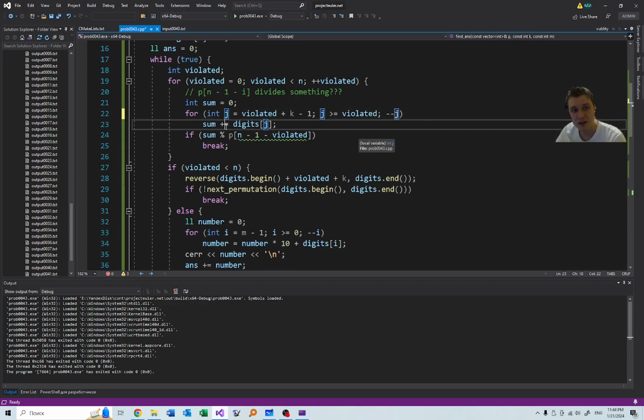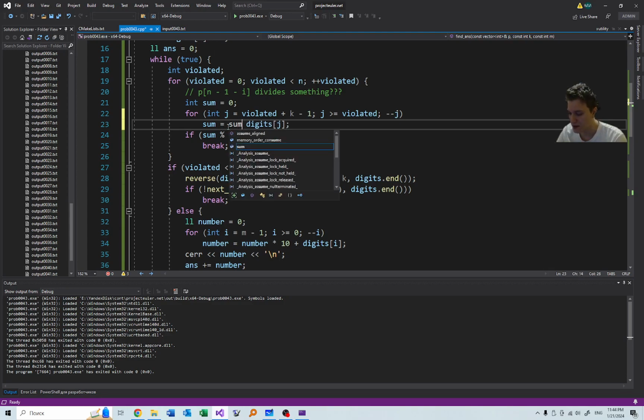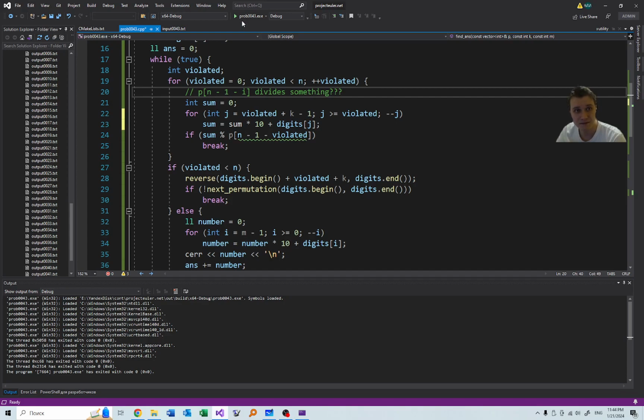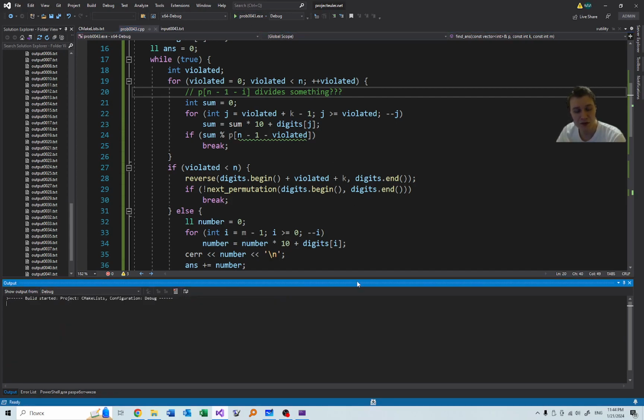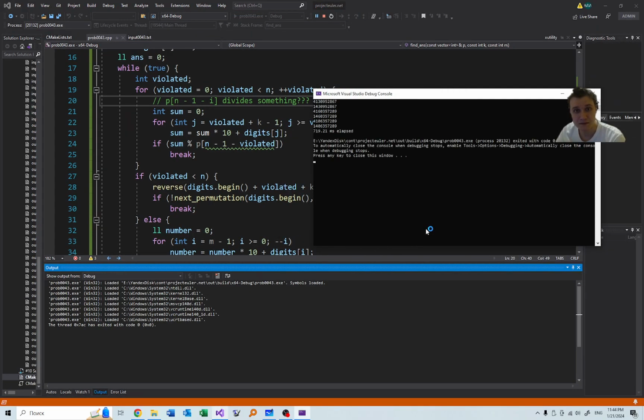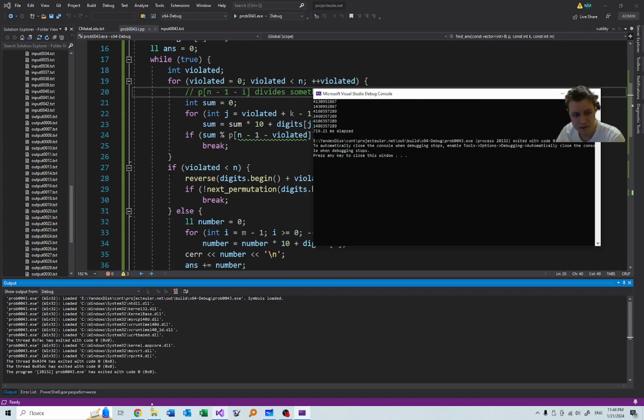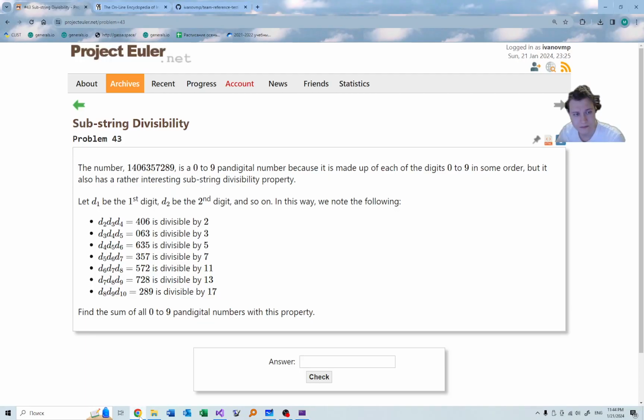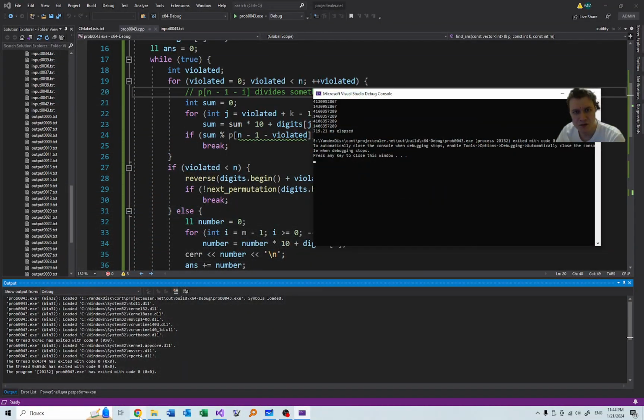And sum equals sum times 10 plus digits j. I was wrong. Okay, now much more sensible.